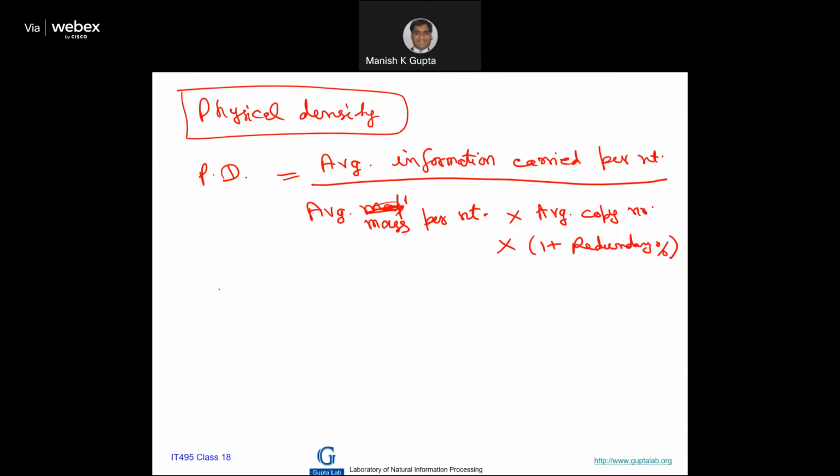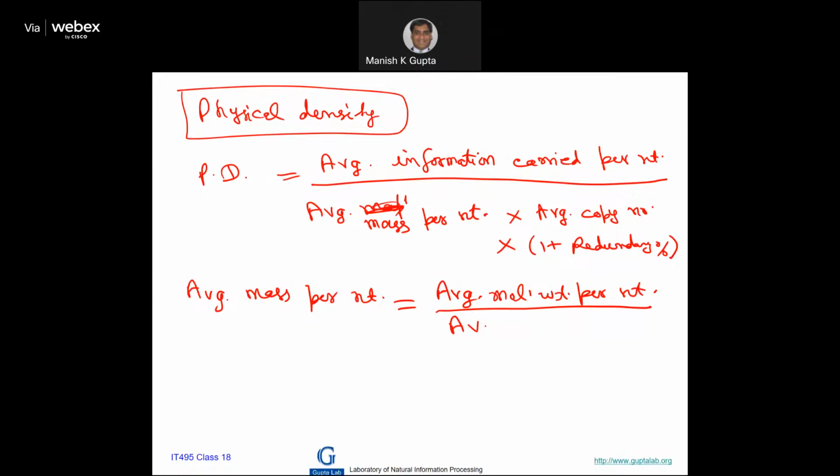What are these quantities here? Average mass per nucleotide is given as average molecular weight per nucleotide divided by the Avogadro constant.